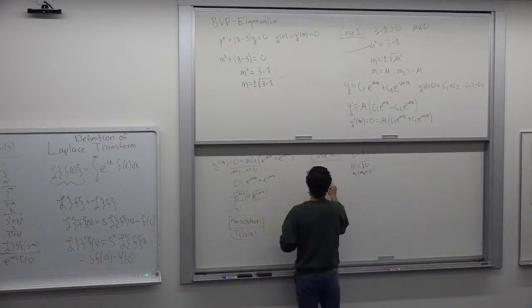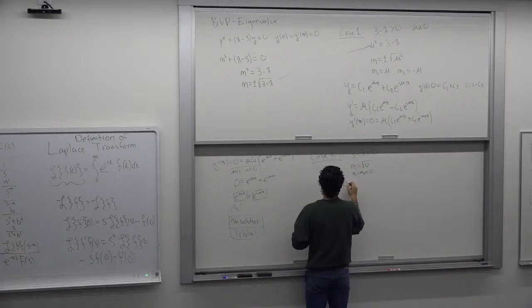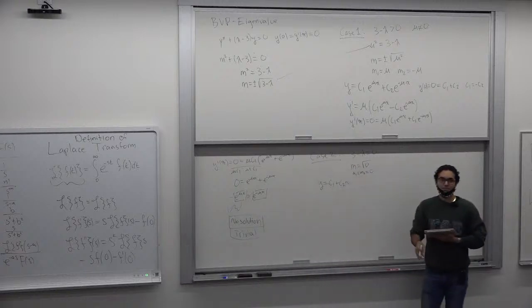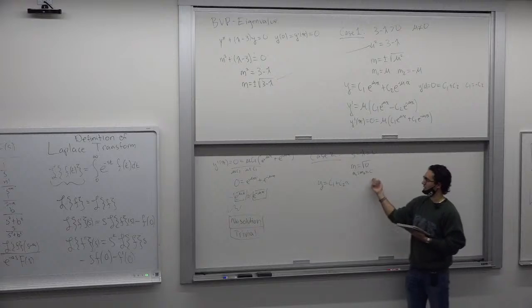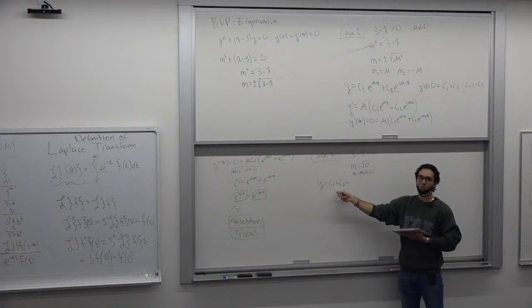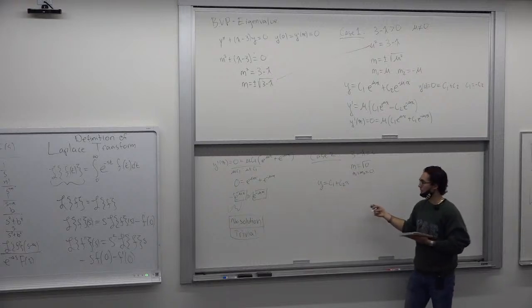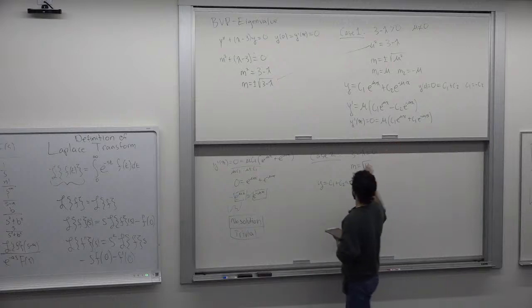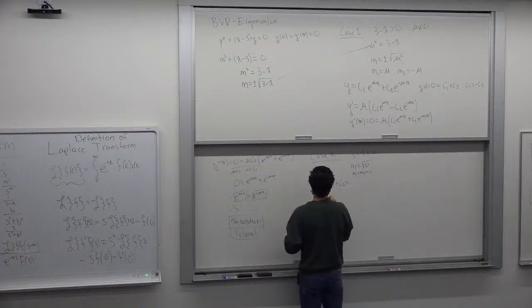So then our function is y equals c1 plus c2x. Theoretically it's c1 e to the 0x plus c2 e to the 0x times x. e to the 0 is 1, so just y equals c1 plus c2x. Going to take the derivative again. y prime is just going to equal c2.